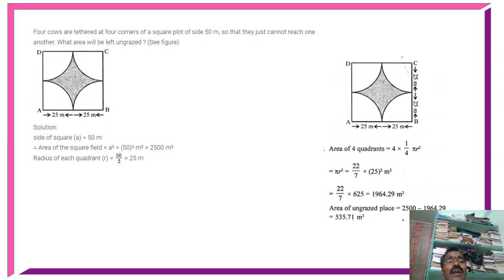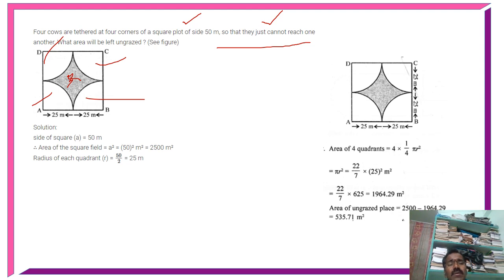Again, 4 cows are tethered at the 4 corners of the square plot, each with a thread of 25 meters, half of the 50 meter side, which is the radius of each quadrant. We need to find the area left ungrazed, the shaded part, so that the cows just cannot reach one another.